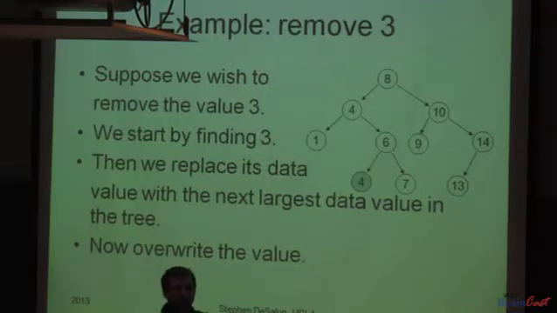Do I have to worry about the nodes to the left of the new 4? No, because anything on the right subtree is always going to be larger than anything on that left subtree. So even the smallest element on the right is still going to be larger than everything on the left. So that stays put.